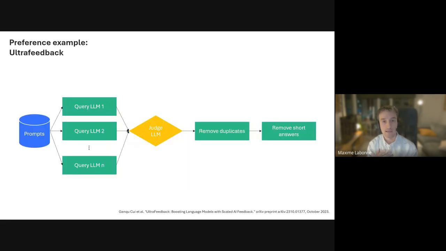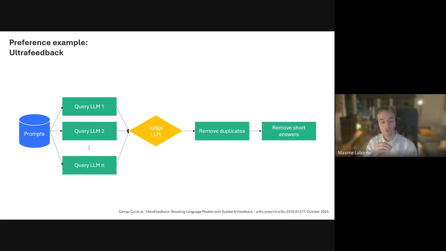And to create this kind of data, you want to build a pipeline that is a bit more complex than for instruction following. For example, here it's a pipeline called UltraFeedback. It comes from a paper of the same name. Instead of querying one LLM, we're going to query multiple LLMs. Then we're going to use a judge LLM to score them, giving a score between 0 and 10, for example.